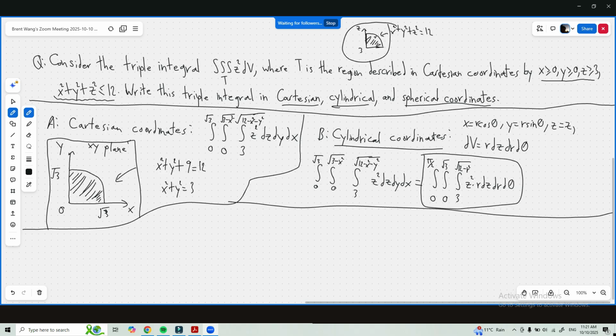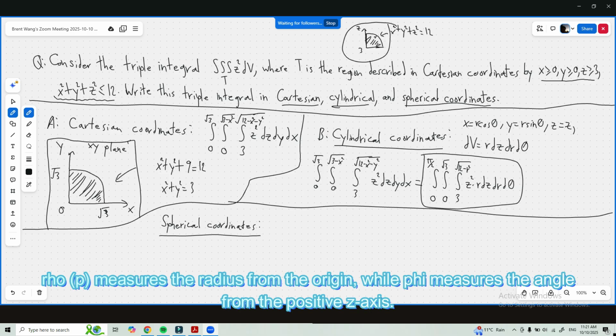Now lastly, we have spherical coordinates. I'm going to write down what happens in spherical coordinates first. So x is equal to rho sine phi cos theta. Y is equal to rho sine phi sine theta.